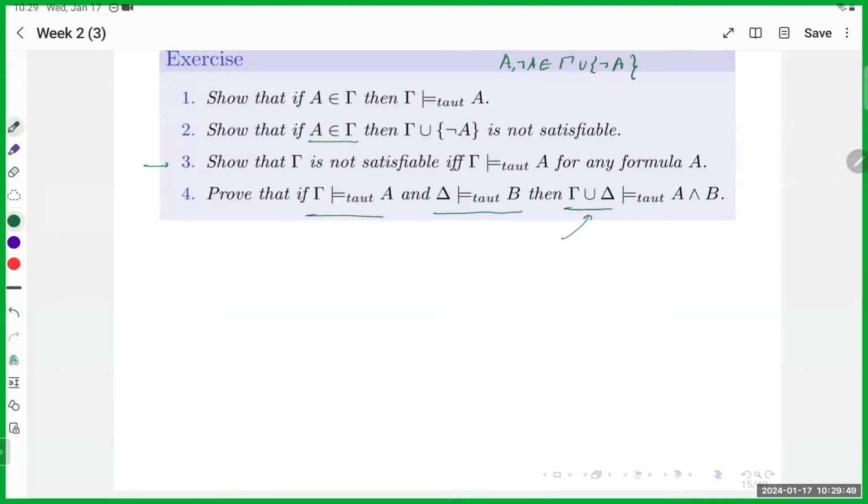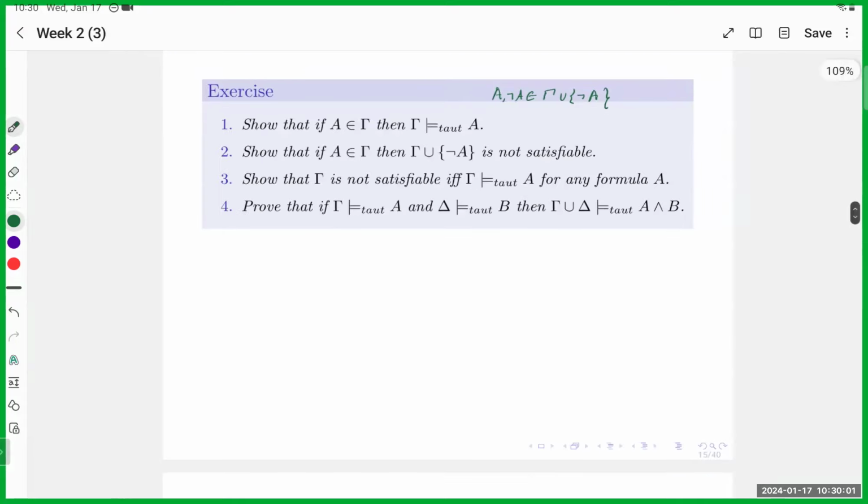You use these two assumptions. Any questions? Is any of this vague to anyone? Yeah, these are pretty easy.